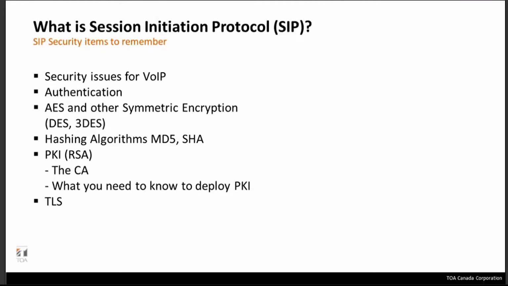Sometimes the communication needs to be encrypted because it may be a very high-profile call and you don't want someone listening to your call, a man-in-the-middle attack kind of thing. So you want to make sure your call is encrypted. And the encryption process needs to be done with SHA or a hash algorithm.